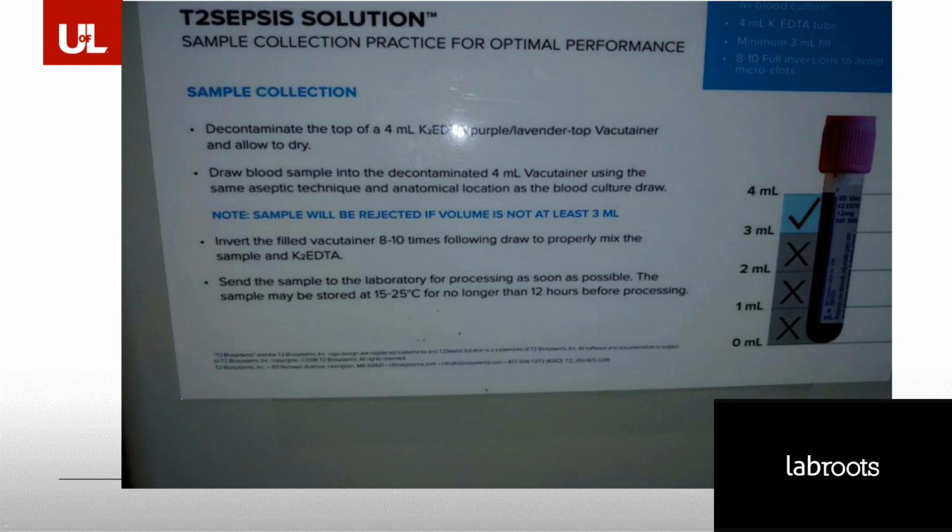We also require an extra T2 tube to be collected with the order to ensure that we have a backup in the event that there is a technical problem or possibly an underfill in the original tube. So if you order a T2 Candida, 2 tubes. If you order a bacterial panel, 2 tubes.